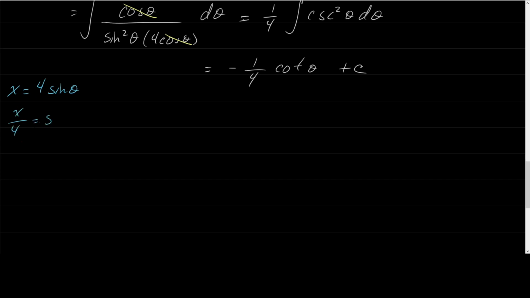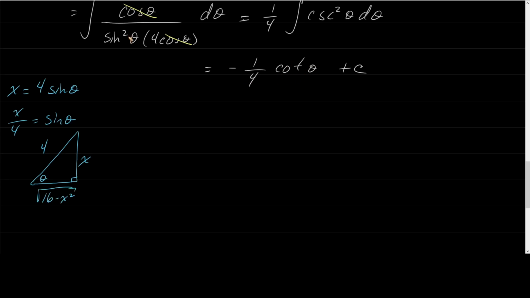Dividing both sides by 4, I end up with x over 4 is equal to sine theta. From SOHCAHTOA, I know that sine is opposite over hypotenuse, so we end up with this following triangle. So opposite is x, the hypotenuse is 4, the remaining side would be the square root of 16 minus x squared. And we're looking to replace that cotangent.